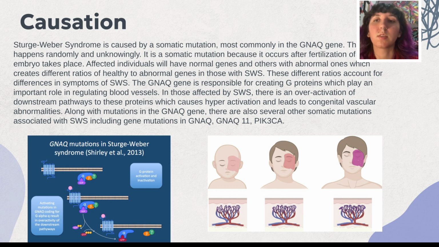Along with mutations in the GNAQ gene, there are also several other somatic mutations associated with Sturge-Weber syndrome, including gene mutations in GNAQ, GNAQ11, and PIK3CA. And down below in the picture, we can see the developments of the birthmark and the developments of abnormalities under the skin.